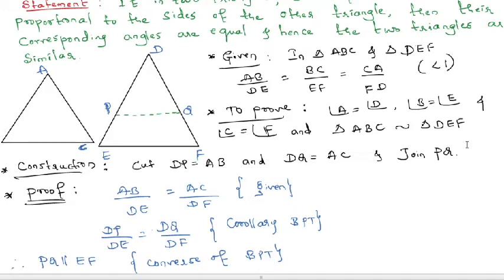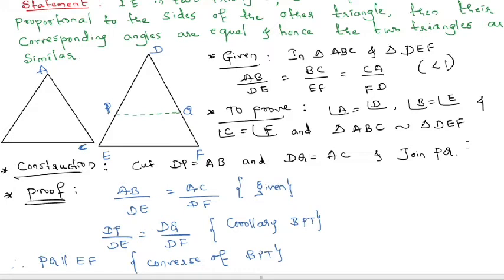By construction here, cut DP equal to AB and DQ equal to AC, join PQ, which is the same as the previous theorem. Now the proof. See the figure, AB by DE is equal to AC by DF, it is given. Now we can write DP by DE is equal to DQ by DF, according to BPT corollary.